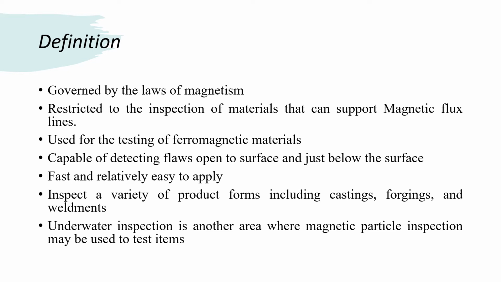Ferromagnetic materials include most iron, nickel and cobalt alloys, and many precipitation hardening steels such as 17-4 PH. These materials lose their ferromagnetic properties above a characteristic temperature called the Curie point, which is approximately 1033 Kelvin for most ferromagnetic materials.